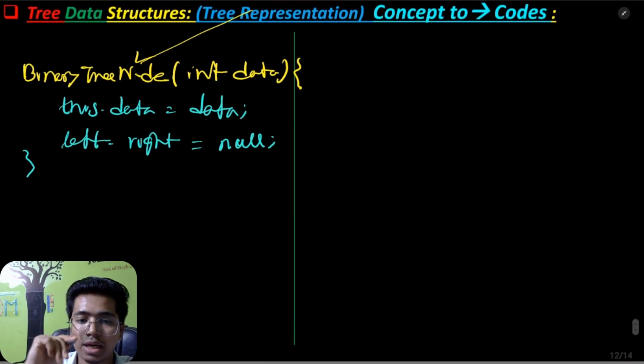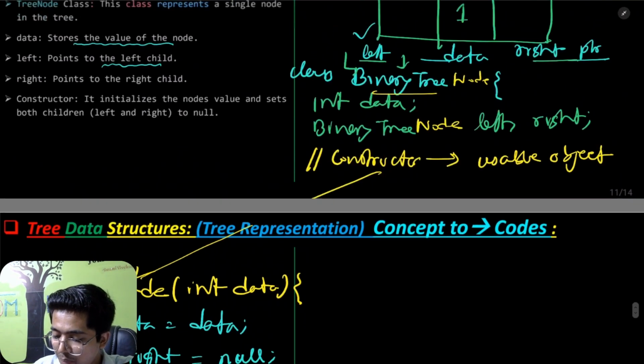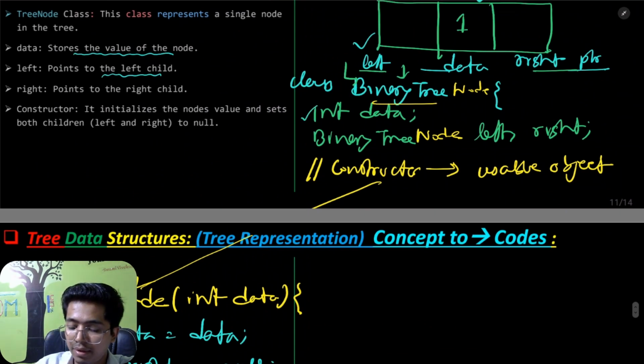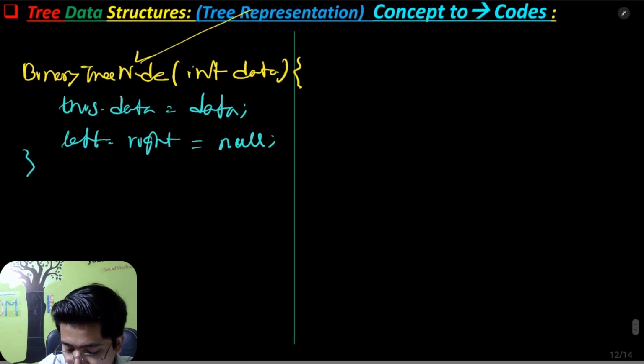After we created the constructor, we need to set the getter and setter in Java, to get and set data instantly. So for that we'll be creating set data and get data methods. First we need to handle this integer data.